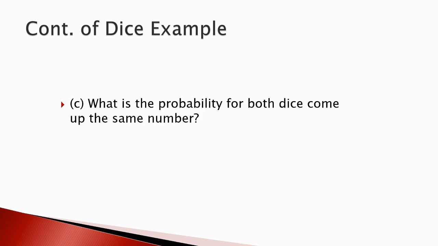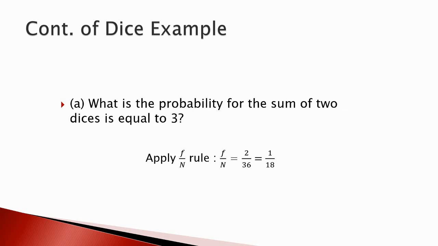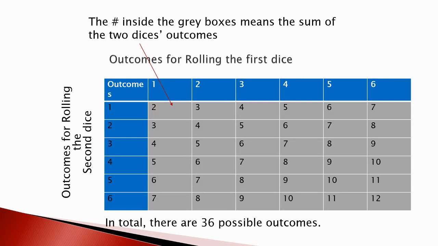Let's work on question C. What's the probability that both dice come up the same number? As we mentioned before, the possible outcomes for rolling the first die are 1 through 6, same for the second die. So the number of combinations where we have the same outcome for both dice is 6.